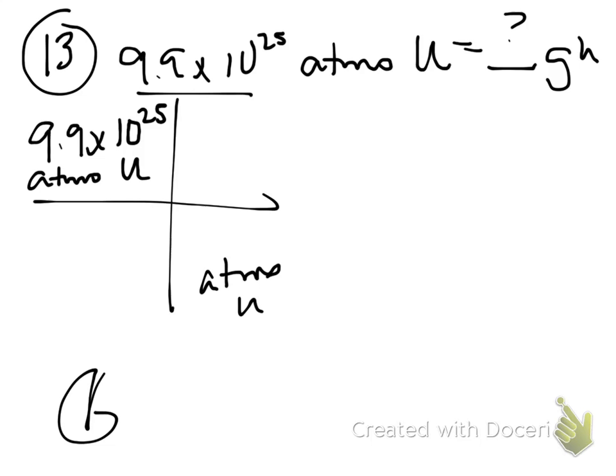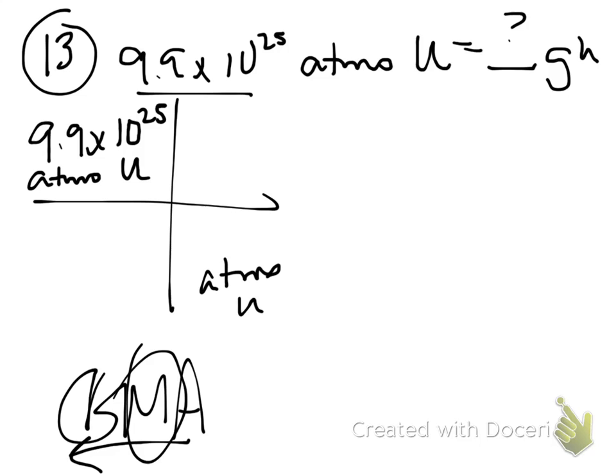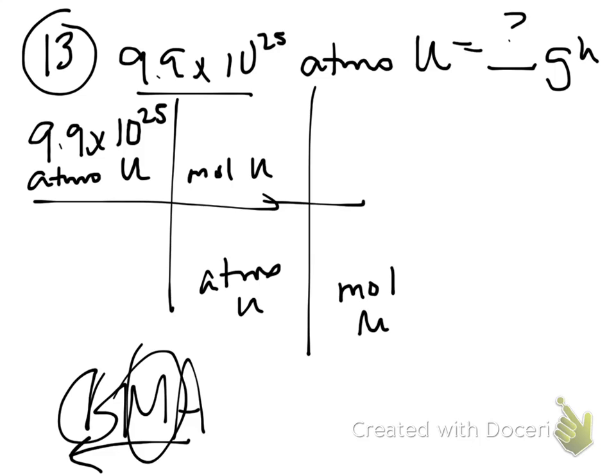We're going from atoms to grams, so we have to go through moles. Moles of uranium. We know this will have to be moles of uranium to cancel, and this will be grams of uranium. So we always have a 1 with the moles. We always have 6.022 times 10 to the 23rd with atoms.